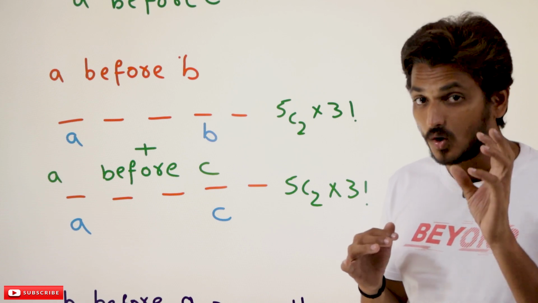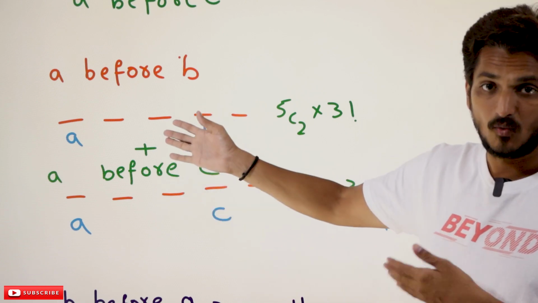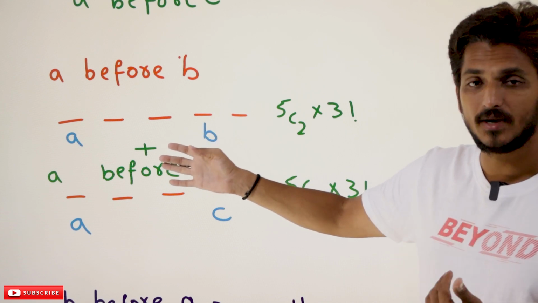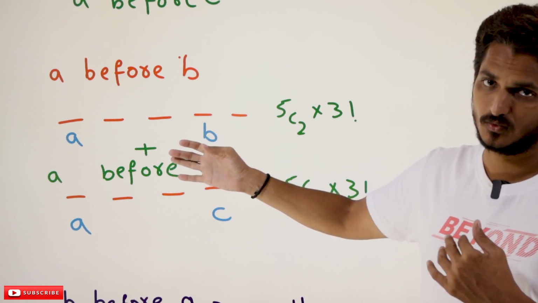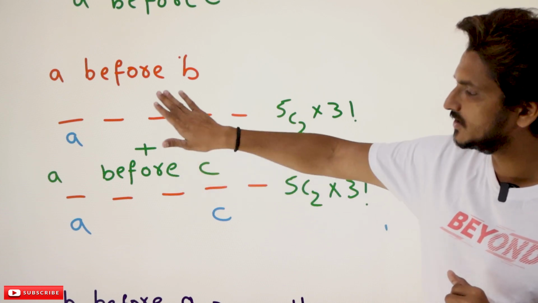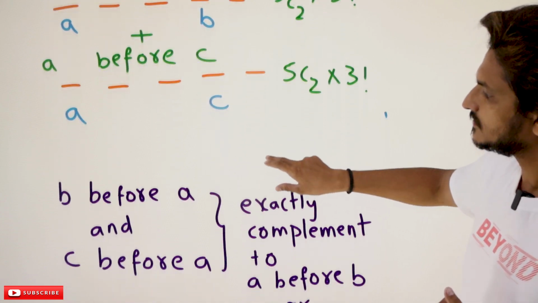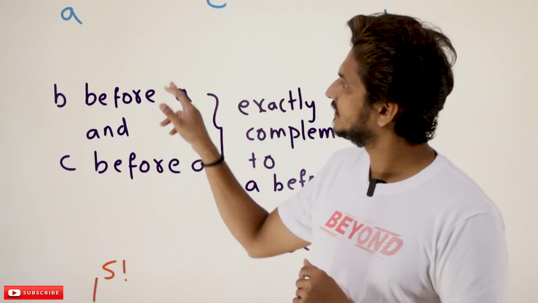Let's try to understand what the complement method means. Once you understand what's missing here, and why we go with the complement method, doing it becomes very easy. Now take this.